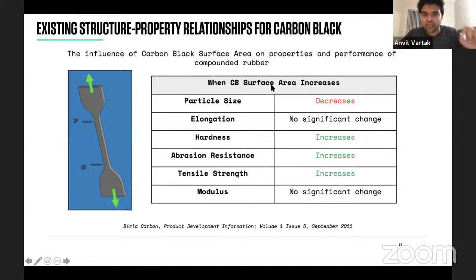That's why increasing surface area means making smaller and smaller particles. It increases the hardness, abrasion resistance, and tensile strength of your rubber, which is eventually going to be used in making tires, which is better for us. Because if it's stronger, it lasts longer. If it has better abrasion resistance, it also definitely lasts longer.